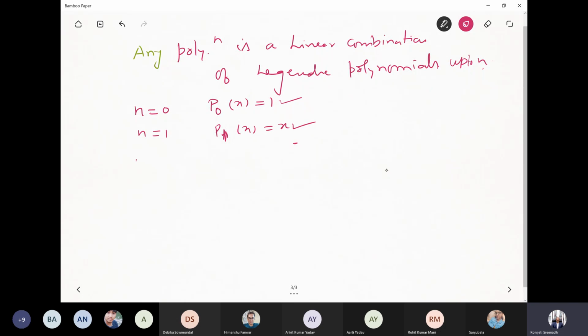So now assume this by induction for n minus 1. That means any polynomial of order n minus 1, that is, x power n minus 1, can be written as alpha naught P naught, like this.